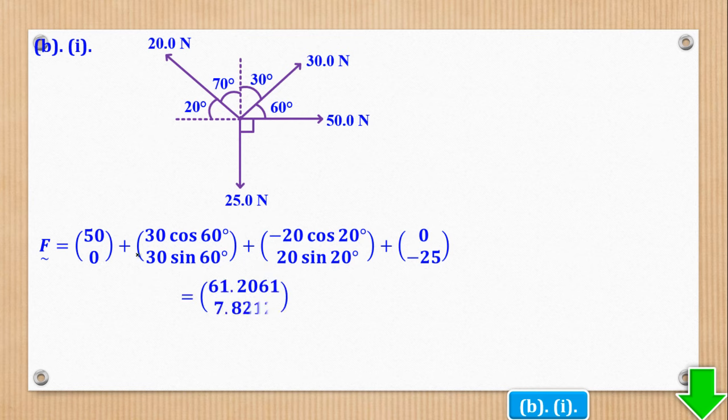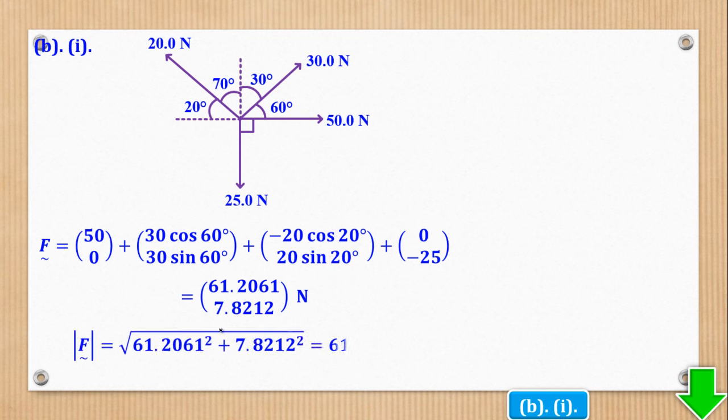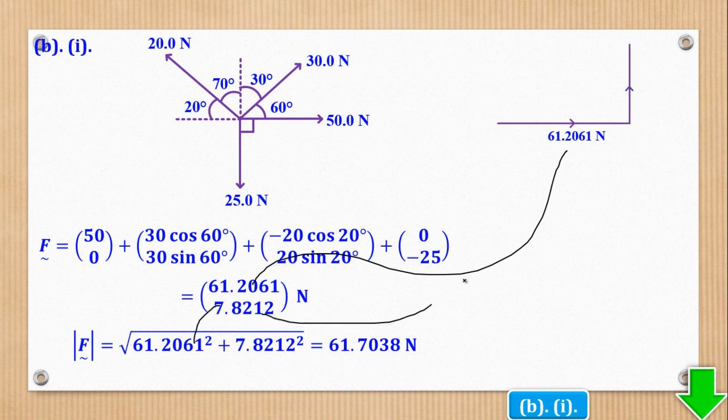So next is to use a calculator to get the answers to 4 decimal places. Then you get the magnitude from Pythagoras theorem, and then the direction. For direction, you have to draw a right angle triangle. So positive horizontal is that, positive vertical is that, then the line from start to end is the resultant, and we also need the direction.